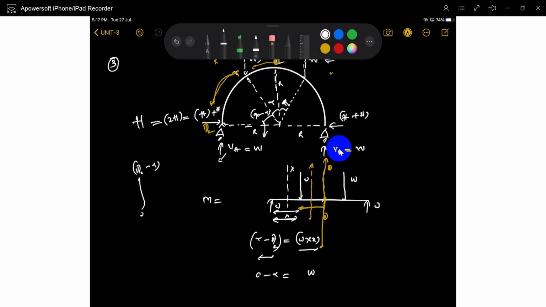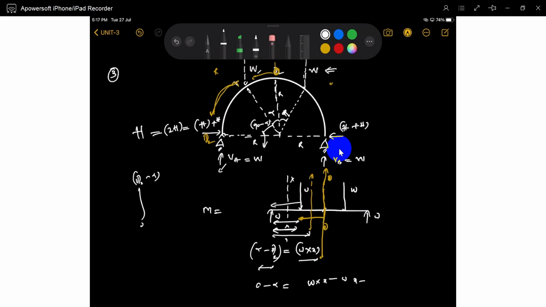W into x, if you take this is x, w into x minus something. What happens? x minus this theta, this angle. What is that angle?